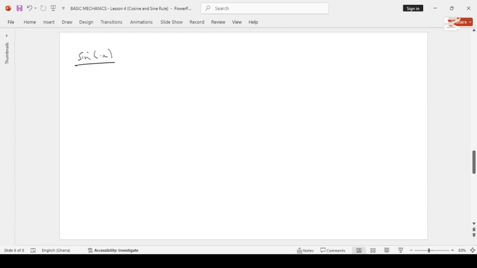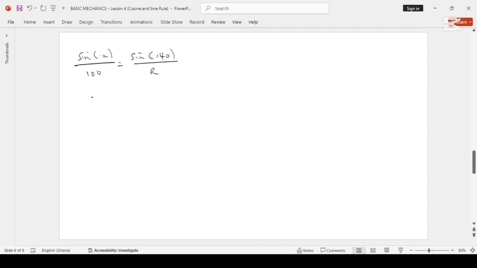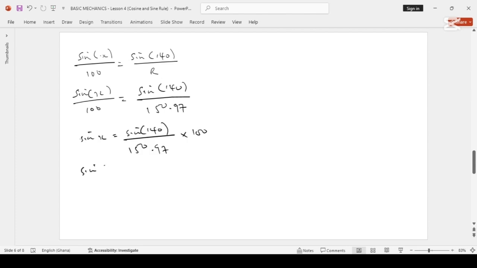Sine x over 100 is equal to sine 140 over R. Now the value of our R, we know, is 150.97. So sine x will be equal to 0.4258.